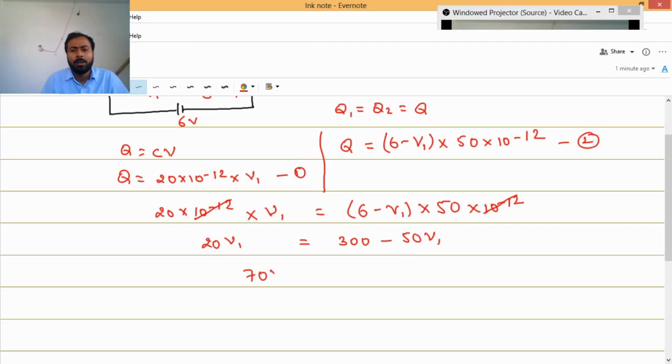So 70 V1 will be equal to 300. So the V1 value will be 300 divided by 70.